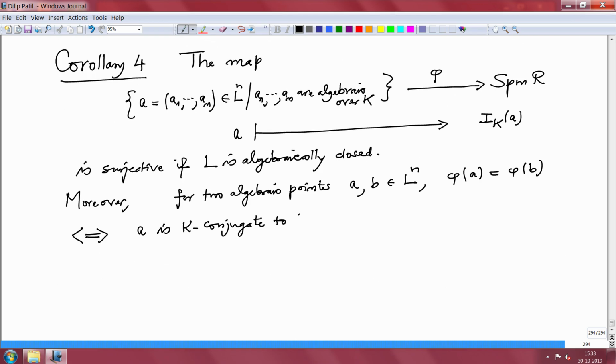A point A is K-conjugate to B. Okay, so before I prove this, I should define when two algebraic points in L power n are conjugates.